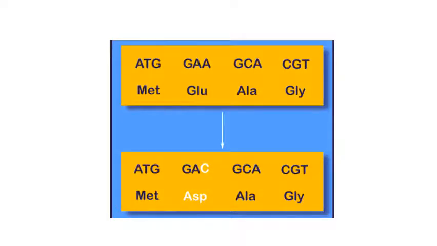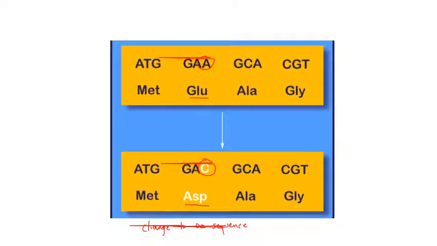Here we can see that adenine again is substituted, but this time for a cytosine. Now, glutamic acid is replaced by aspartic acid. So here we have a change to the amino acid sequence.